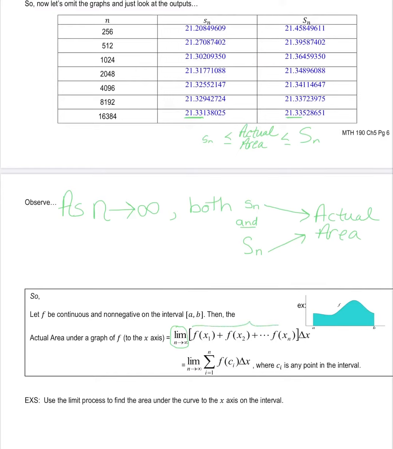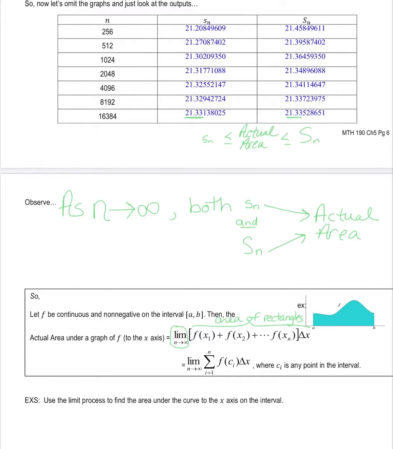This was giving us the sum of the areas of those rectangles that we were just looking at.